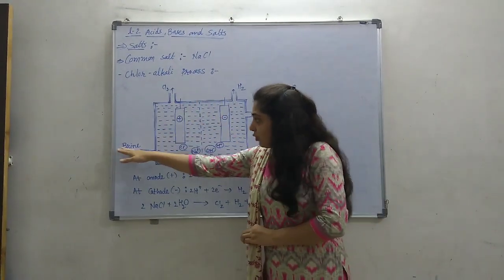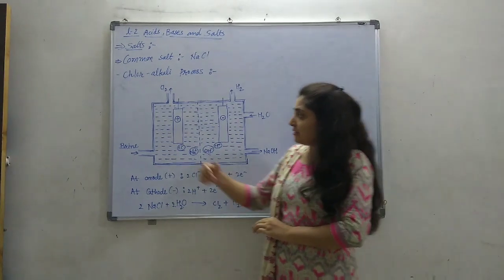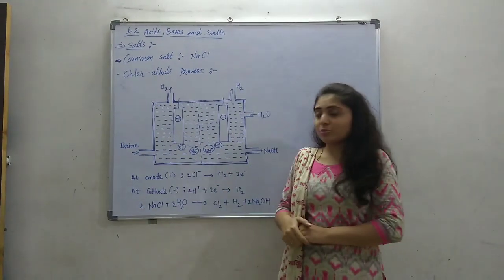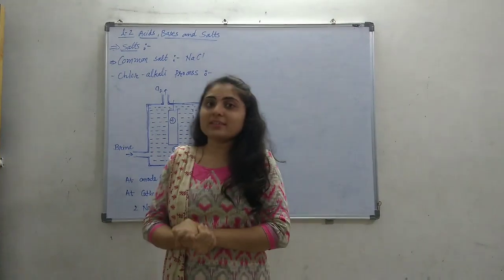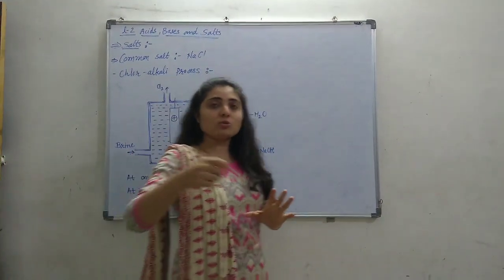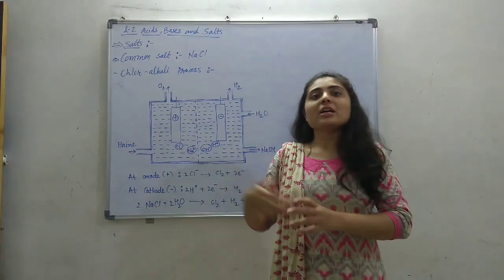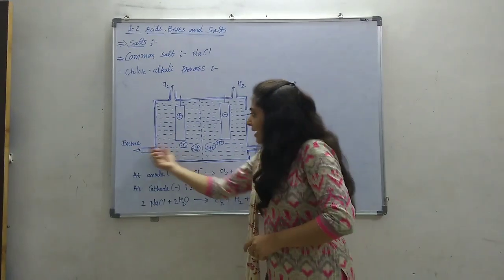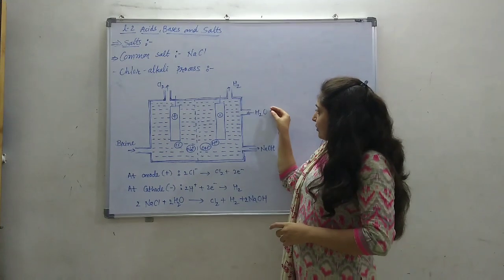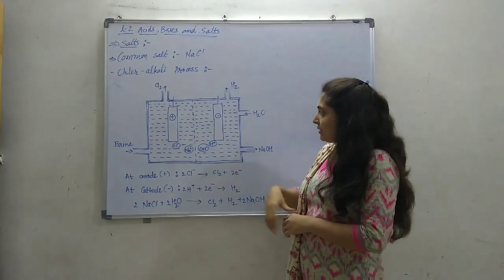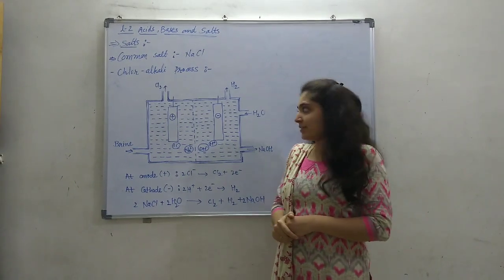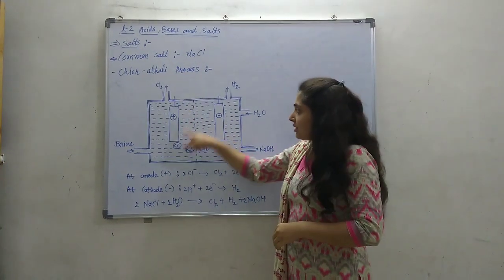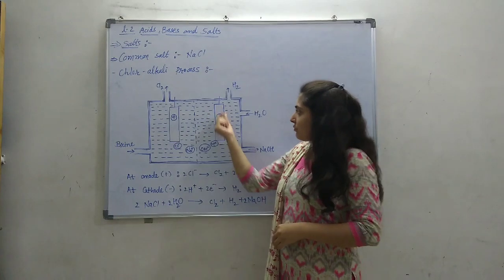Now brine enters the electrolytic cell. Brine is the solution of NaCl, common salt plus water. So brine is added here, and water is also added. This cell contains the NaCl solution. Now one electrode is positive and one is negative.